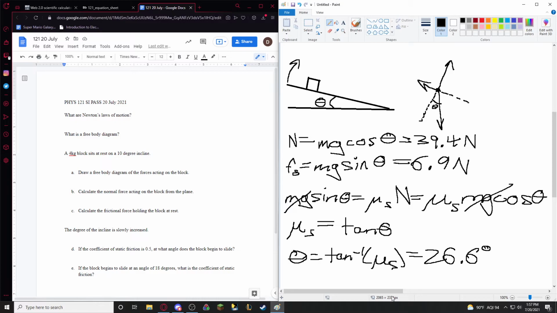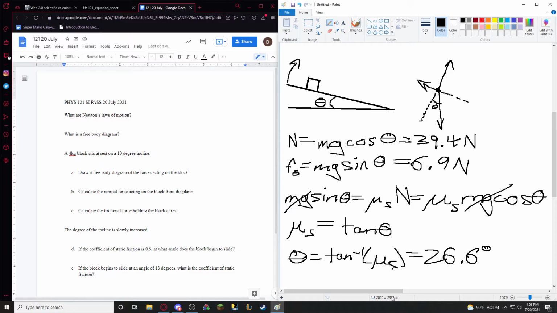I find it really cool how these things magically fall into place, and the masses cancel out, the gravitational constant cancels out. It literally doesn't matter. You could have this block and this sloped incline on any planet in the solar system.